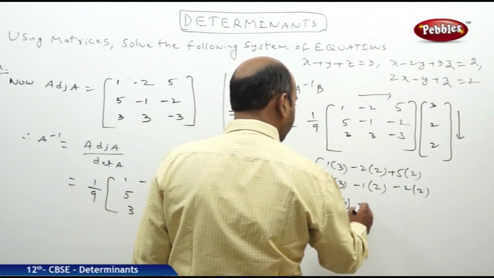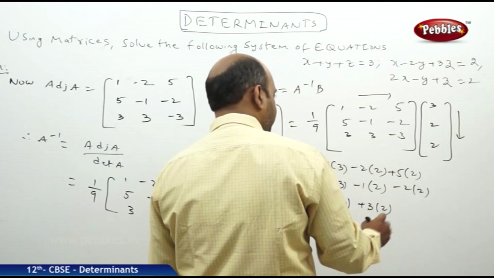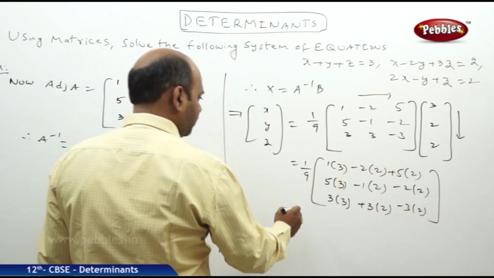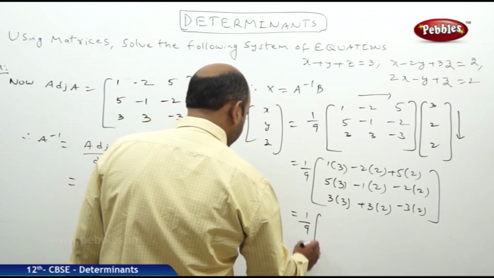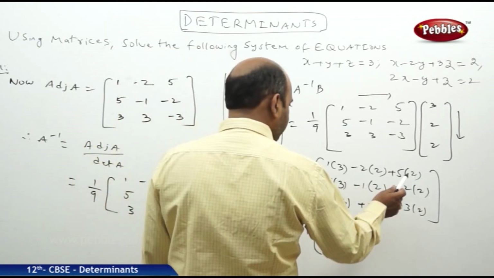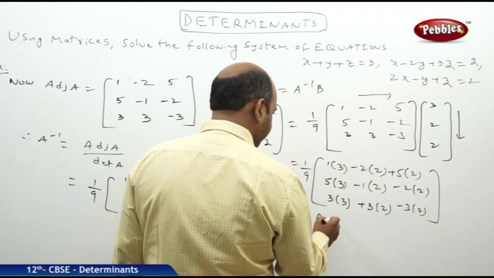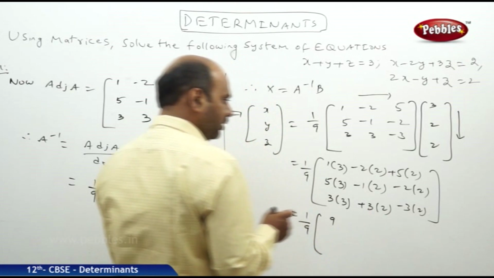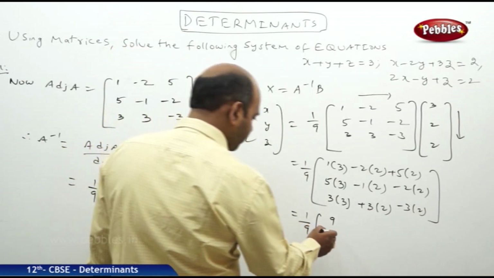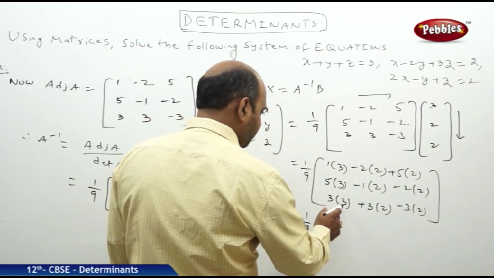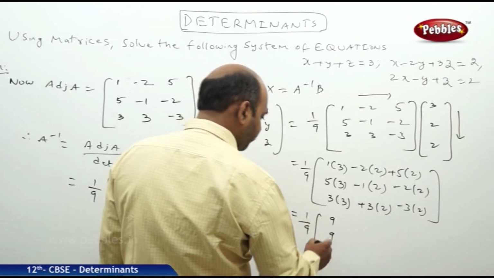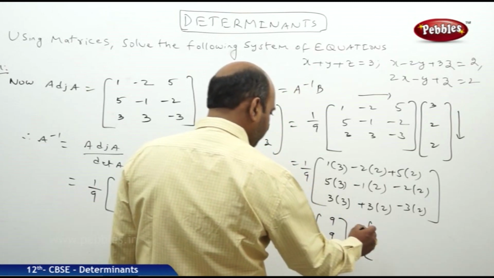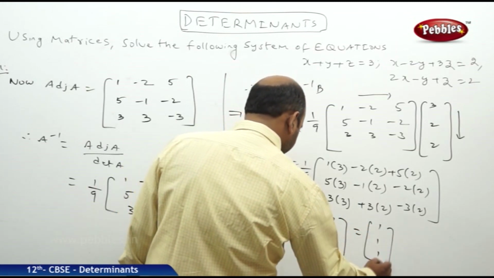So 3 into 3 plus 3 into 2 and minus 3 into 2. So finally what happens? 1 by 9 into 10 plus 3, 13, 13 minus 4 is 9, and here also 15, 15 minus 4 is 11, 11 minus 2 is 9. Here also 9 plus 6 is 15, 15 minus 6 is 9. So finally 1 by 9 going inside means we will be getting 1 1 1.